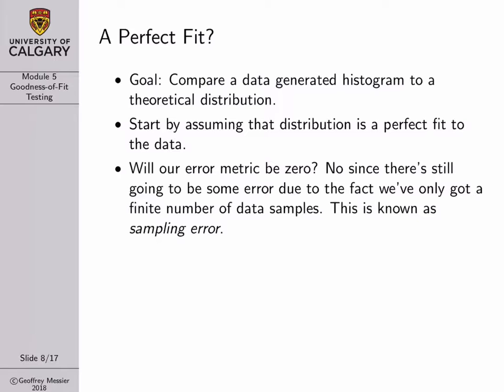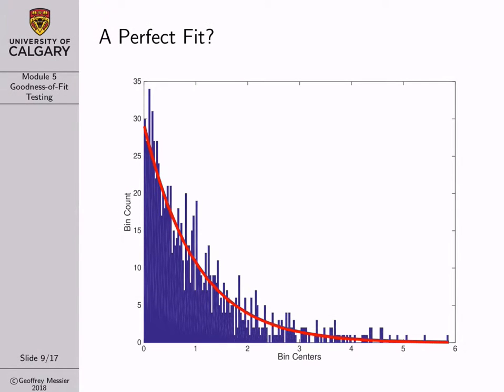And just as an example, here is an experimentally generated histogram given by the blue columns, and a theoretical distribution for an exponentially distributed random variable. Now, I actually generated the experimental numbers using an exponentially distributed random number generator.